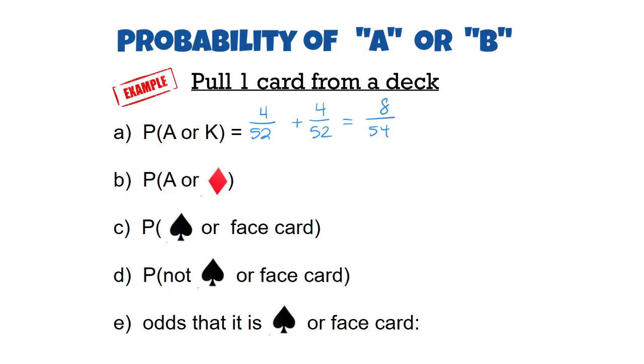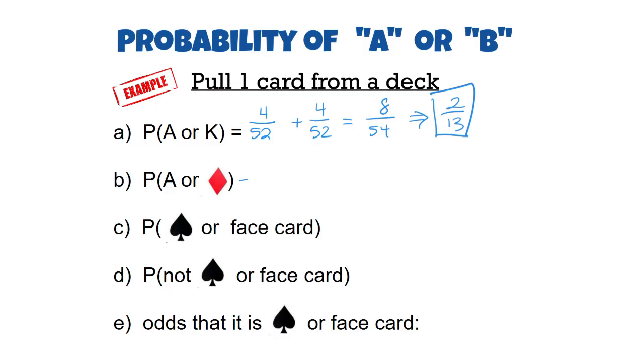Now, we'll do enough of this card stuff that you'll start to learn that 4 out of 52 reduces to 1/13. So this is really a 1/13 plus a 1/13. So this I know is going to reduce to 2/13. That's the probability. And that is because when you pull a single card from a deck, it can't be an ace and a king at the same time.